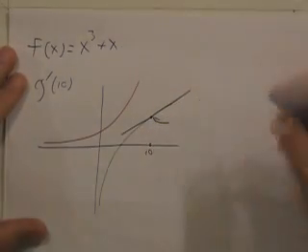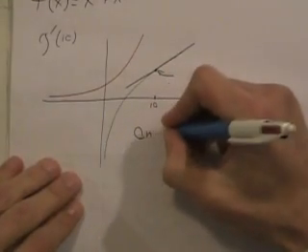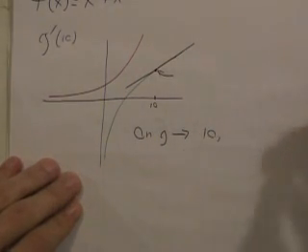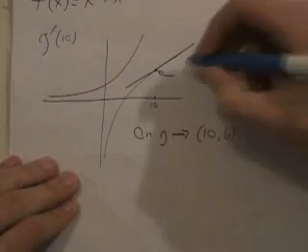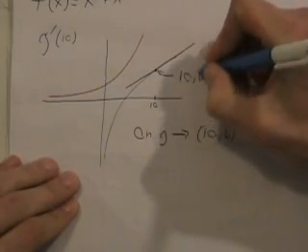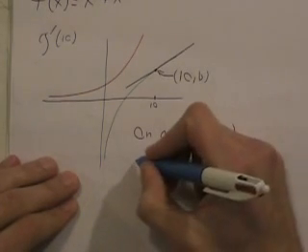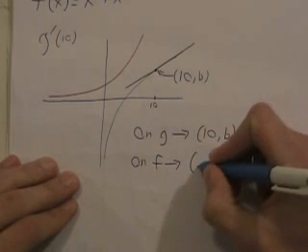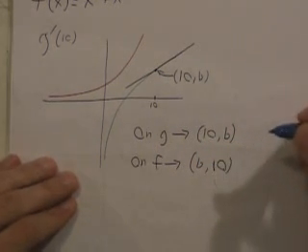So if I say on G there's the point 10, B, the way that you figure that out is this: if you know that on G there's 10, B, then on F there must be the point B, 10, by virtue of the fact that they're inverses.